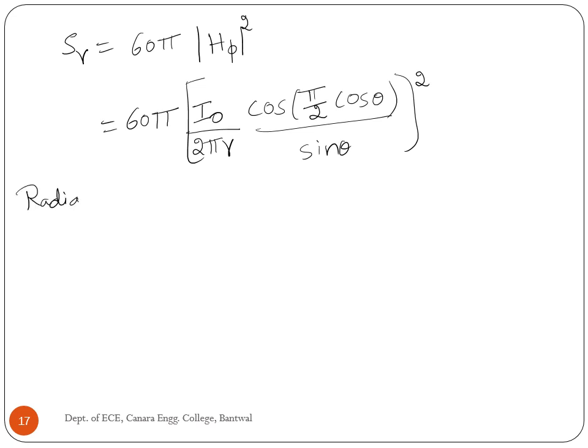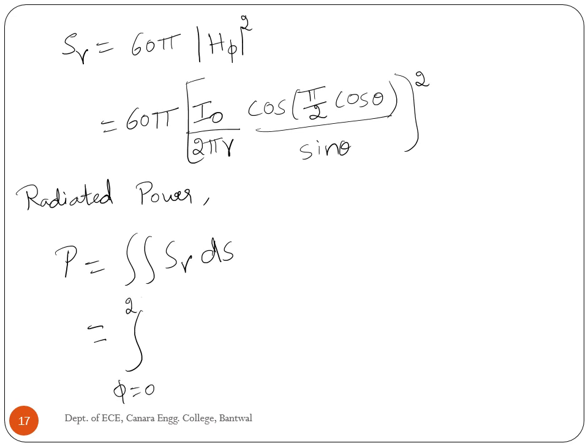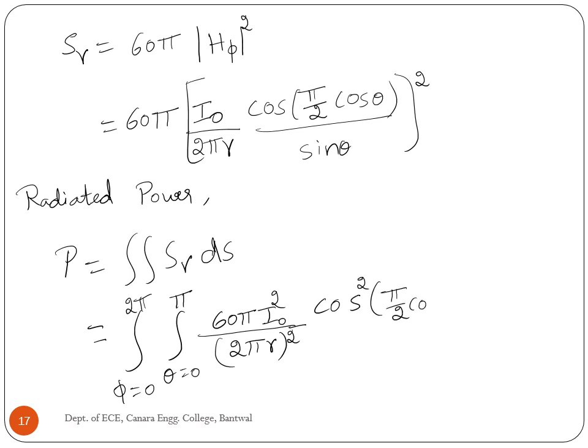Radiated power is given by the integral of the radial component of the Poynting vector over the sphere, phi equal to 0 to 2 pi, theta equal to 0 to pi, S r is 60 pi I naught square divided by 2 pi r whole square, cos square of pi by 2 cos theta divided by sin square theta, into dS, that is r square sin theta d theta d phi.